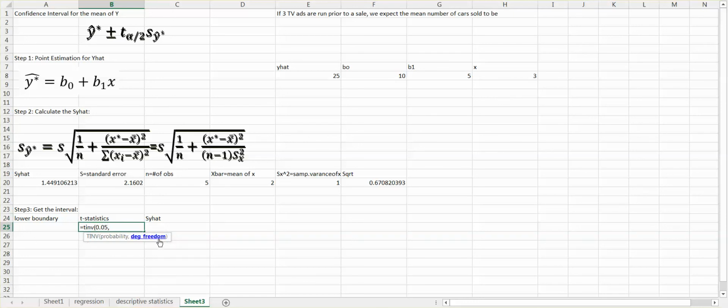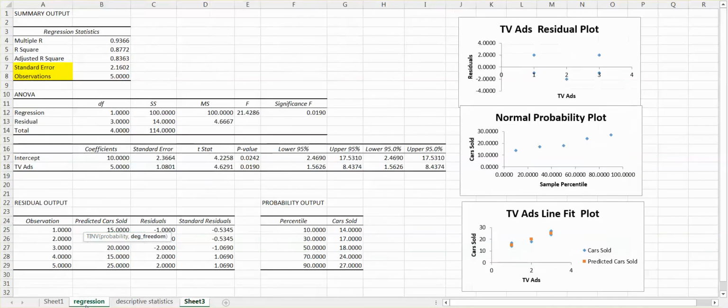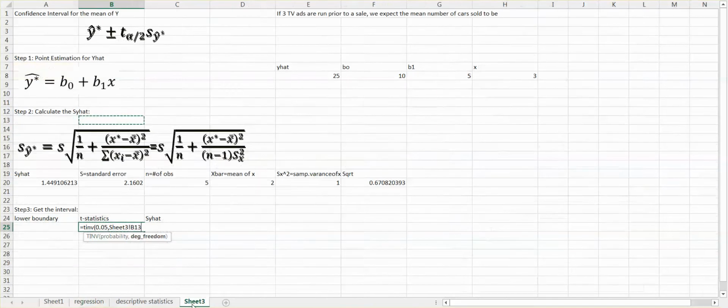If you are not sure about the degrees of freedom, you can go back and look at the regression analysis. The degrees of freedom is always the degrees of freedom for the residual. So that is 3. So 3 is the degrees of freedom in our model. You can type in 3, close the parentheses, and push the enter button on the keyboard.